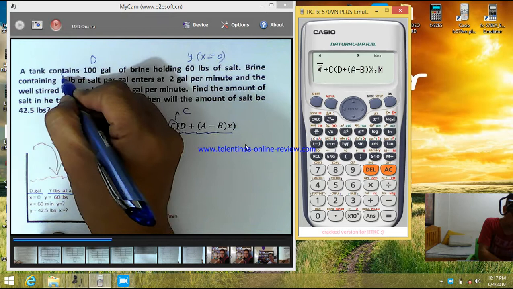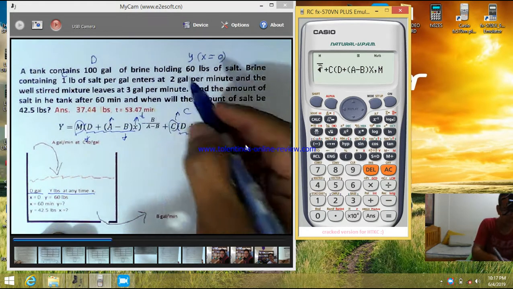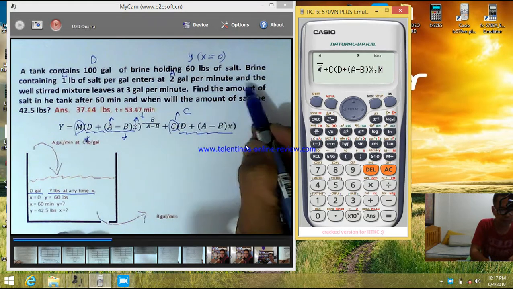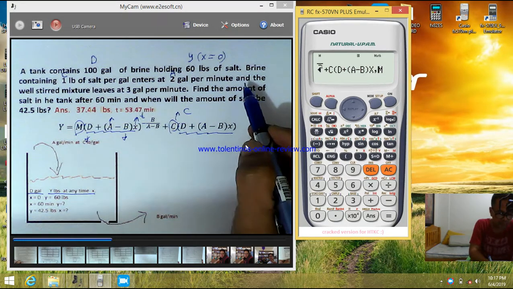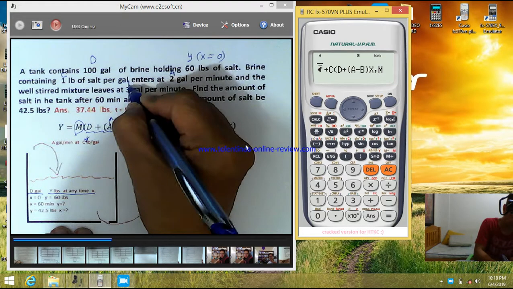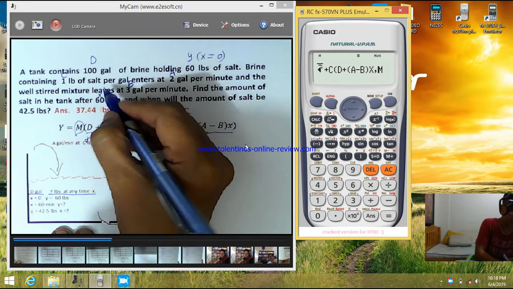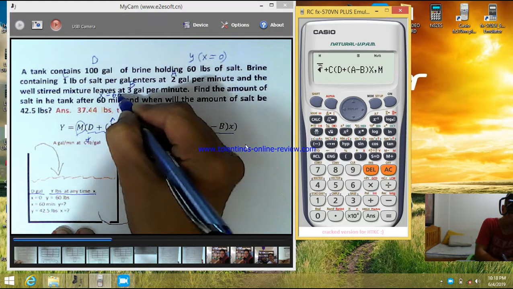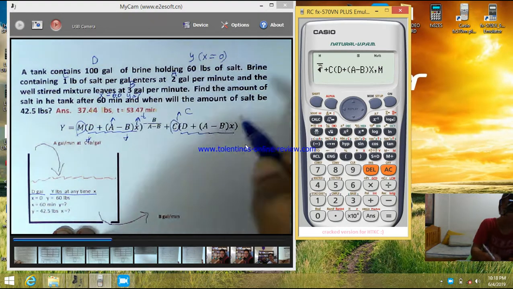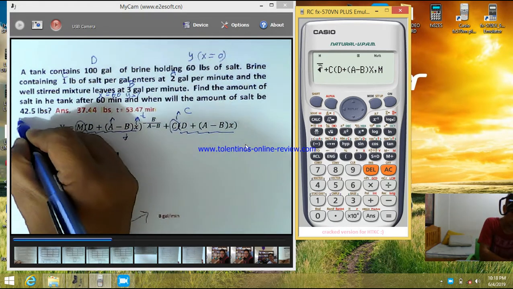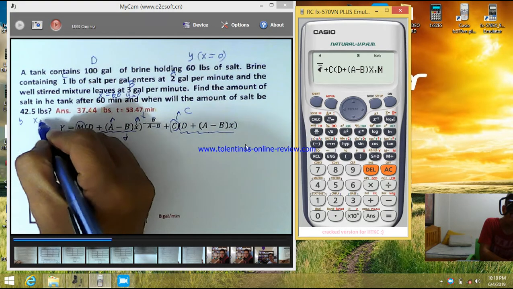This is the concentration coming in, that is C, and the amount coming in, that is A, in gallons per minute, and the well-stirred mixture leaves at 3 gallons per minute, that is our B. Now find the amount of salt in the tank after 60 minutes. This is our X equals 60, you're looking for Y. And when will the amount of salt be 42.5 pounds? This is our Y, you're looking for X.